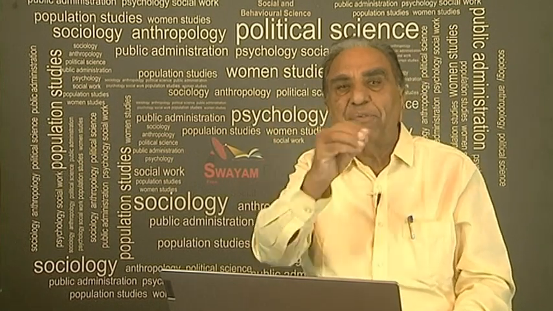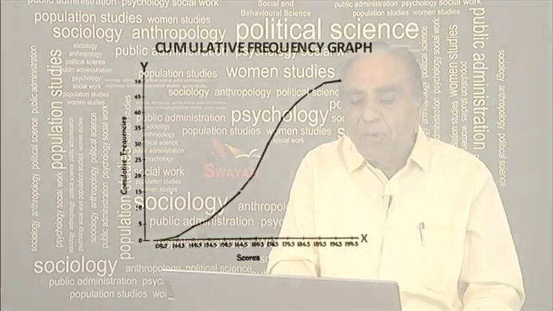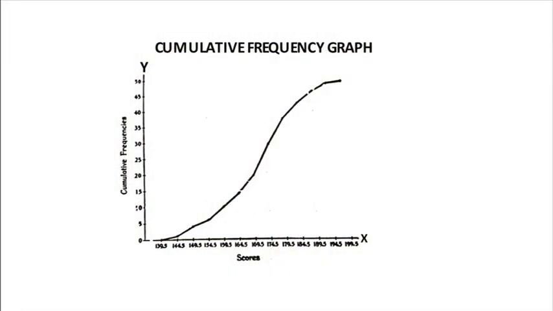Gap means all the class intervals before 134 are immersed in this gap. Otherwise, it's 0 to 4, 5 to 9, unnecessary wastage of time and space, and it will be a more imbalanced or inappropriate graph. Now, the cumulative frequency of the first class interval was 1.